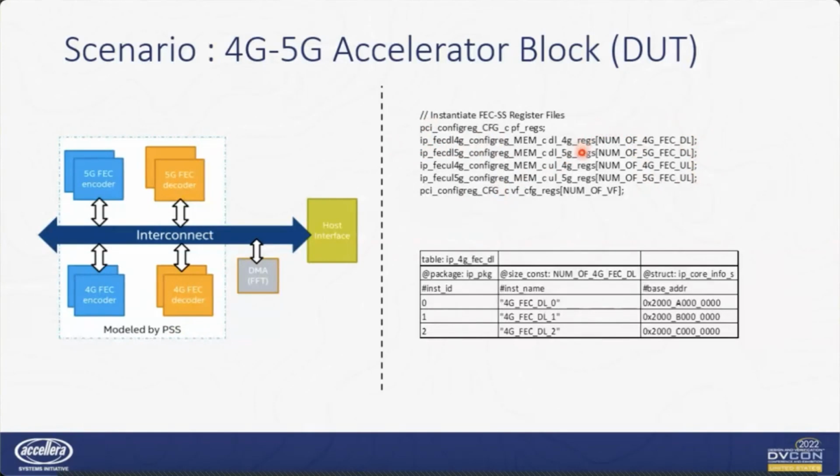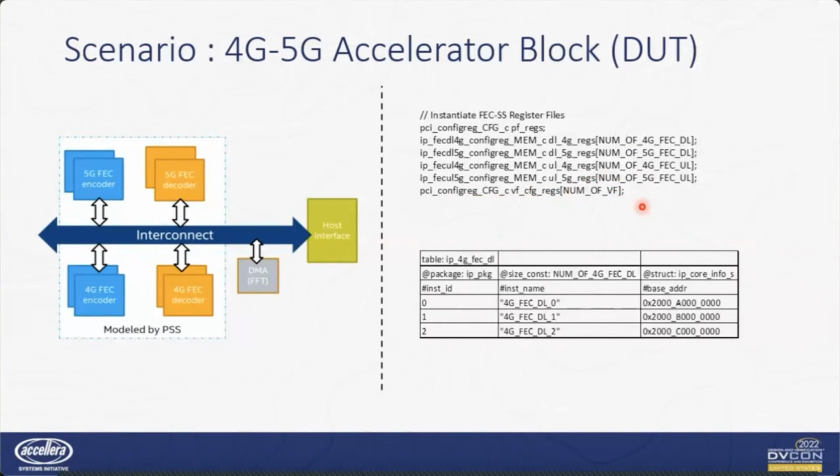So even over here, let's say for 4G downlink, we have instantiated the register component number of 4G FEC DL times, which is a constant. Similarly, for the PCI virtual functions, we have instantiated the VF register array number of VF times, which is 16 in our case.